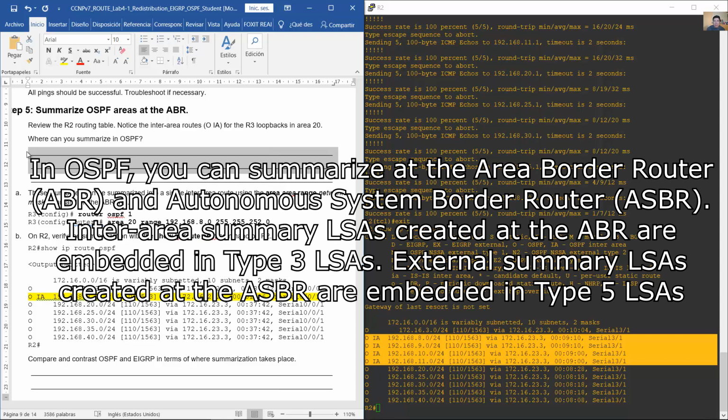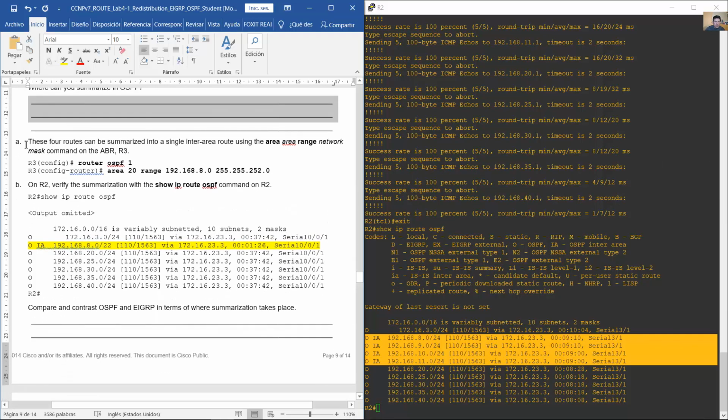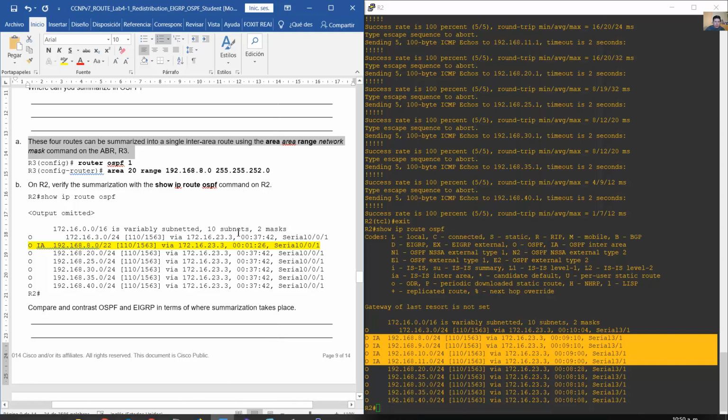External summary LSAs created at the ASBR are embedded in Type 5 LSAs. Then these four routes can be summarized in a single inter-area route using the area range network mask command on the ABR R3.